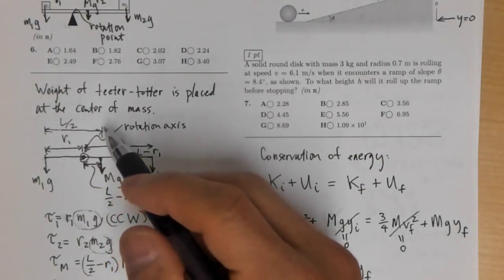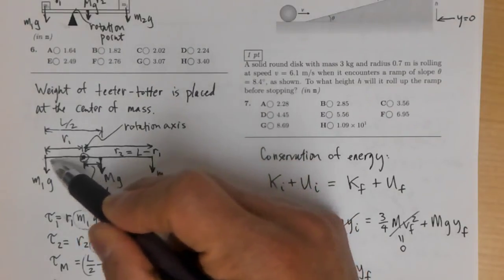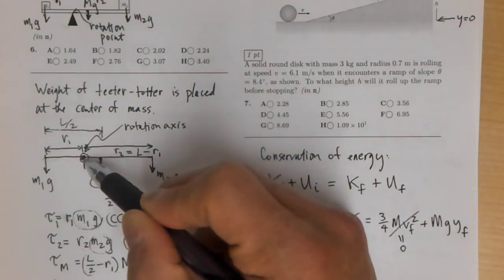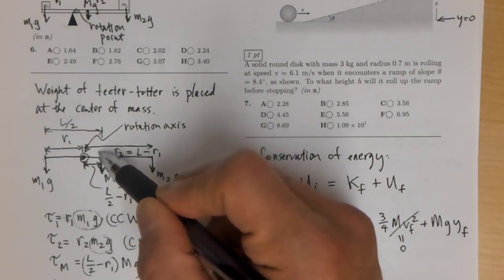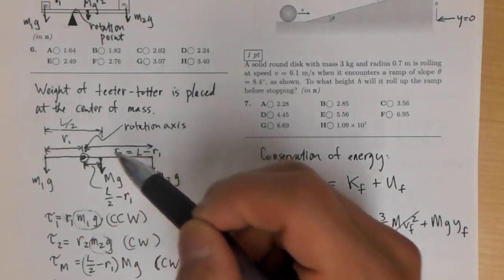Okay, now we're going to calculate the torque about the rotation point. Here's the rotation point. This distance is R1. This distance is R2, which is L minus R1. This distance ends up being, because this is at the middle of the teeter-totter, L over 2. This distance is L over 2 minus R1.